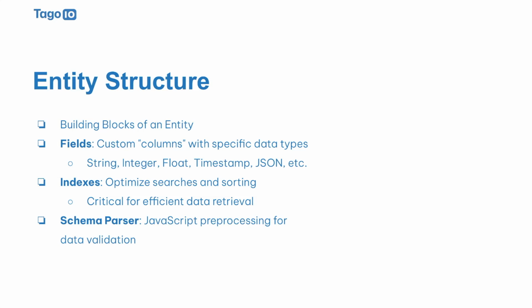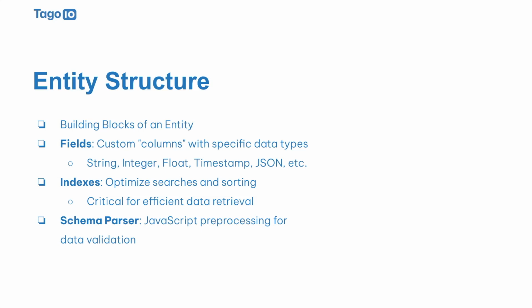And lastly, we have the schema parser. So schema parser is also a powerful feature because even though we want to add a lot of field types to dashboards, we know that customers do have very specific needs. So schema parser comes to give you a JavaScript tool so you can validate the value of the fields before adding to the entity table.